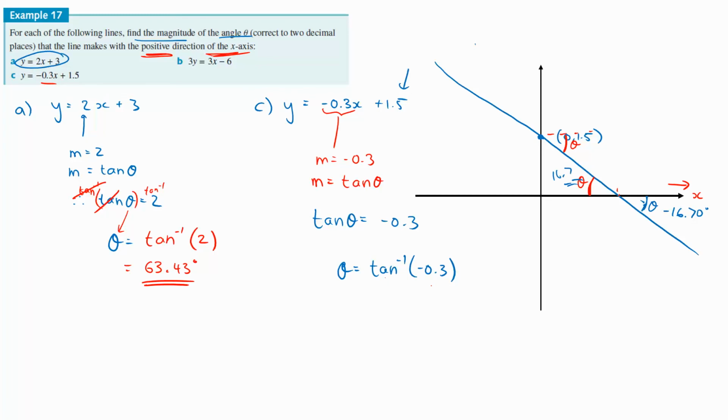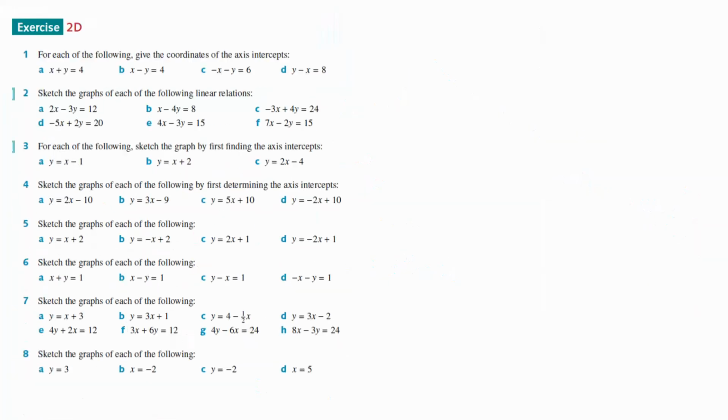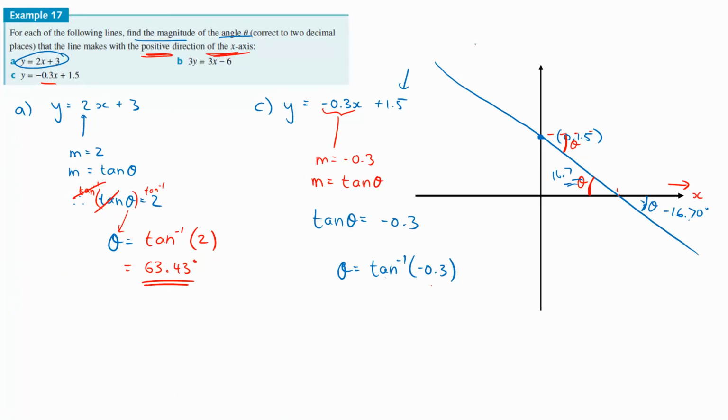The only difference is this is negative and this is positive. So I know that the magnitude of this angle here is 16.7. The only way to find out this angle here, like I said before, is if you took 180 degrees minus that angle. Because we know that in a semicircle, it's 180 degrees.